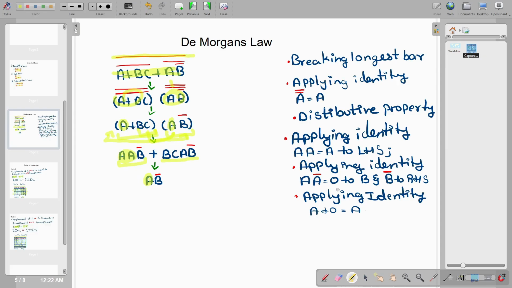And applying the identity A A bar is equal to 0 to B and B bar on the RHS. So after all the required operations, we get the final output as AB bar.